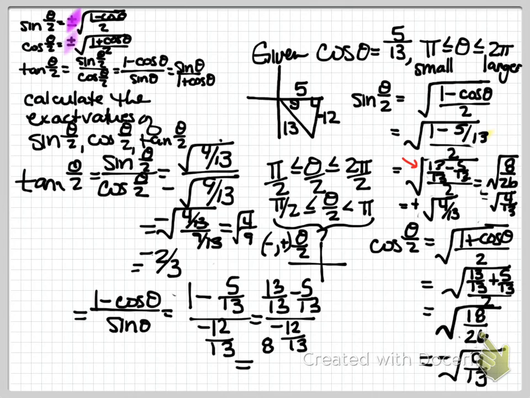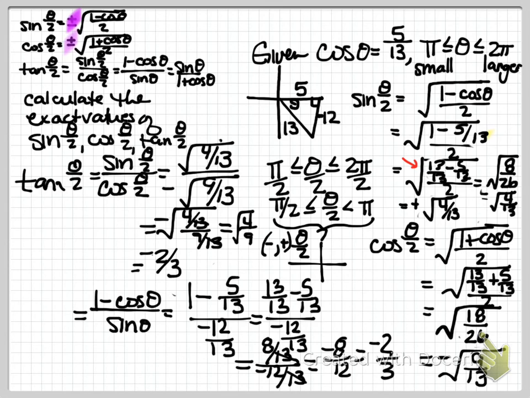So that gives me 8 divided by 13 over negative 12 divided by 13. 13's cancel as always, and that's negative 8 over 12, which reduces to be negative 2 over 3. Notice they match, and that's what they're supposed to do.